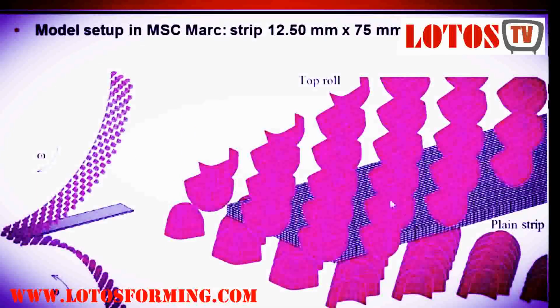In this simulation, we use rigid bodies for the rolls and a deformable body for the plain strip, and we use 3D elements to model the plain strip.